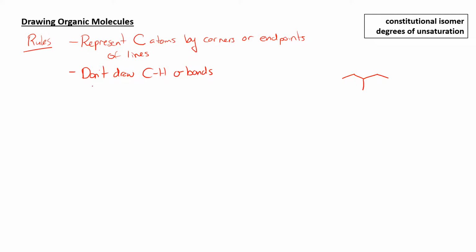And if we follow this rule, we can assume that every neutral carbon has four bonds, and any bonds not shown are CH bonds.